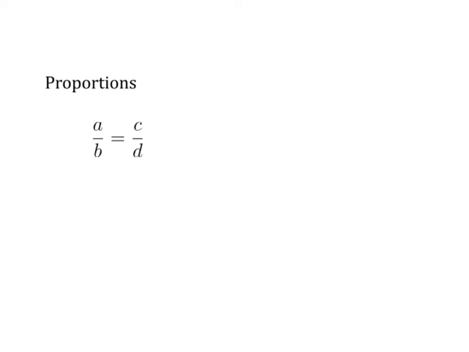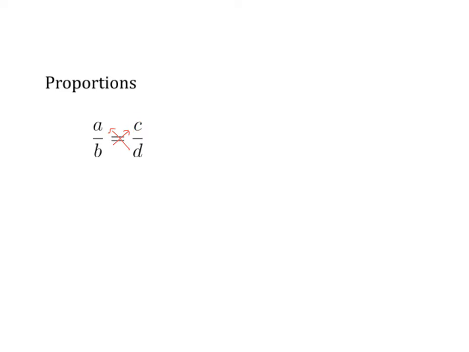All right, last but not least, we have proportions. Now, proportions are really just two fractions that are equal to each other, or two ratios that are equal to each other. And when we work with proportions, what we need to do is cross multiply. So when we cross multiply, we take the denominator of one ratio and multiply it to the numerator of the other, and vice versa.